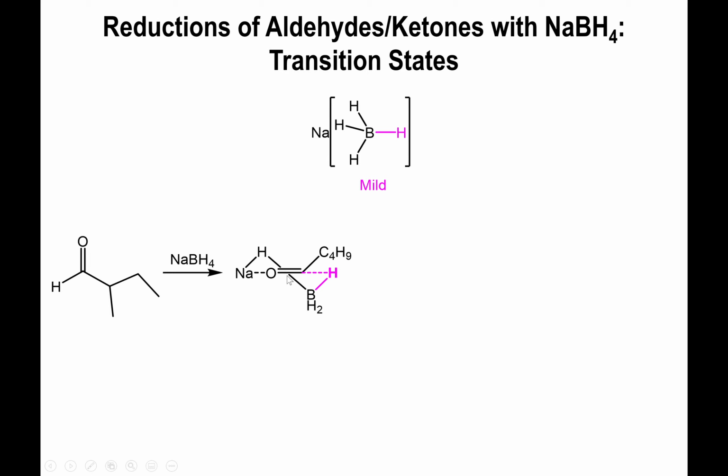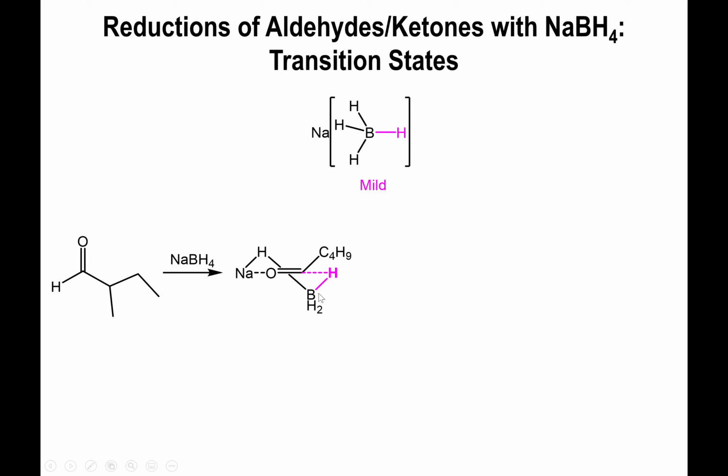But what I want you to notice right here is that this is the aldehyde, and then directly behind it I've drawn the borohydride bond, and then we have the sodium right here interacting with both that oxygen and the hydrogen. So the sodium is kind of already positioning itself to accept the negative charge that it's about to generate on that oxygen.